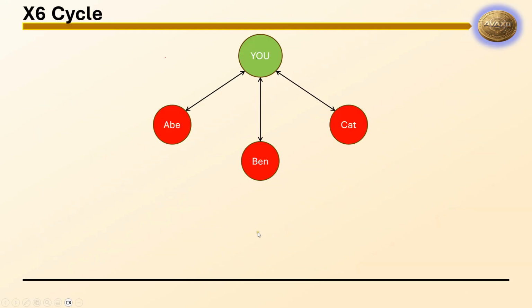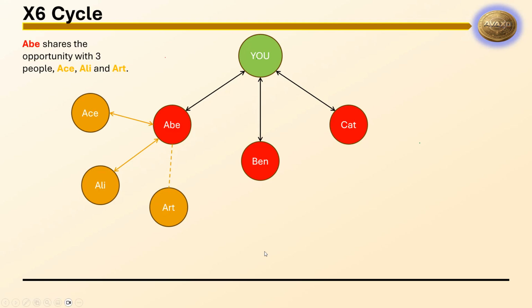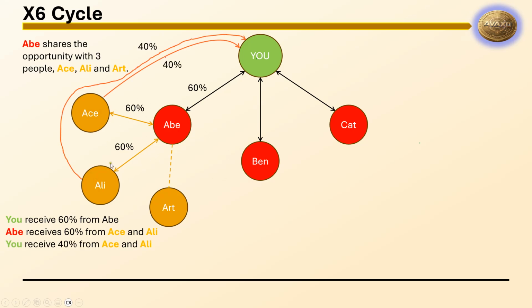So the X6 cycle is kind of similar, but it's bigger. So you'll see the benefit now of the money going to the sponsor, because when Abe brings in 3 people, you receive 60% from Abe. So his matrix cycles, you get 60% from him, and he brings in 2 people, and he gets 60% from them, but you get 40% from them.